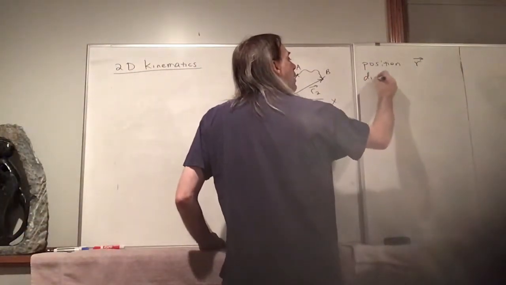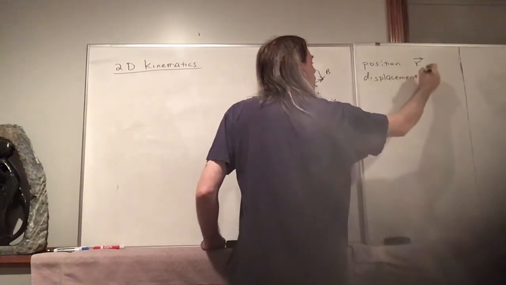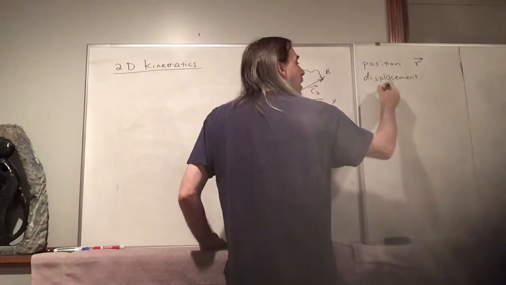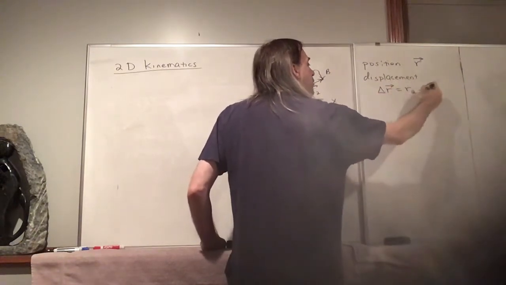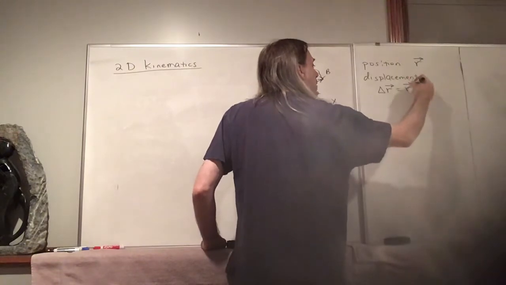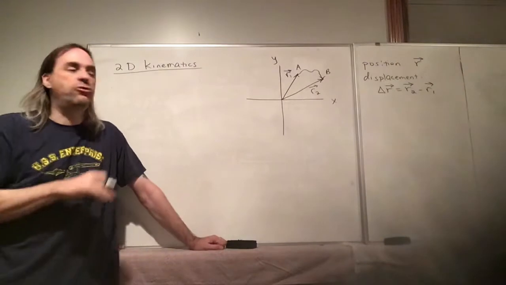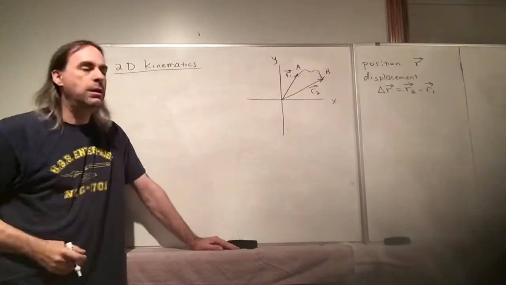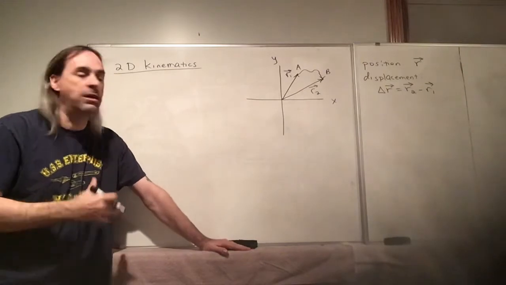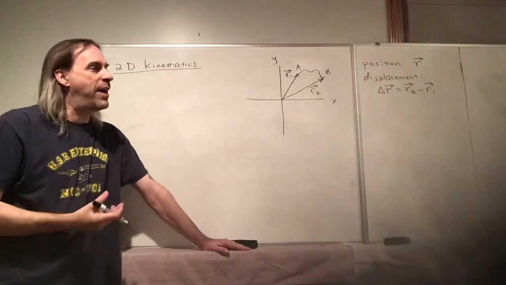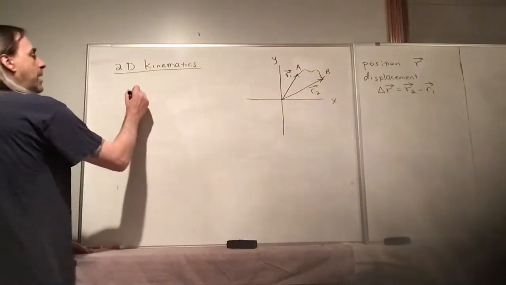Displacement is delta r, that's a change in position, which by definition is r2 minus r1. And so this is a case of vector subtraction, which I kind of forgot to cover in the section on vectors.